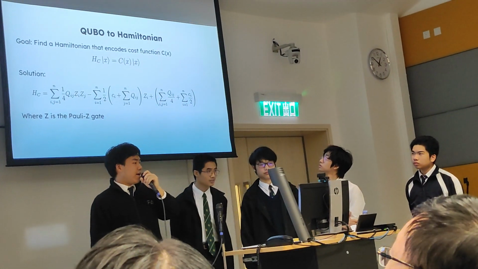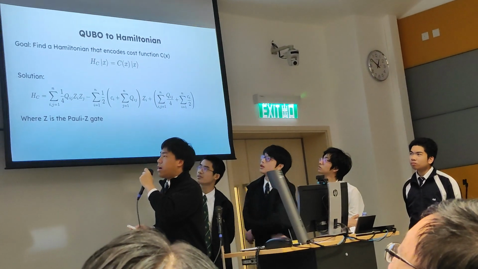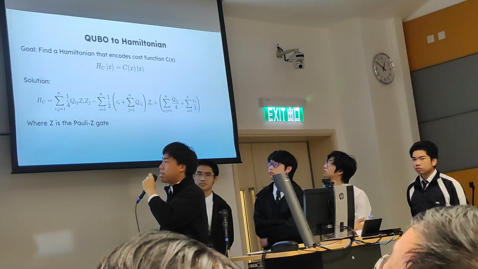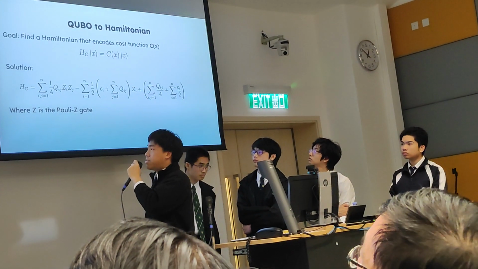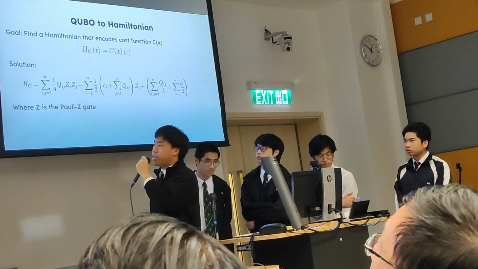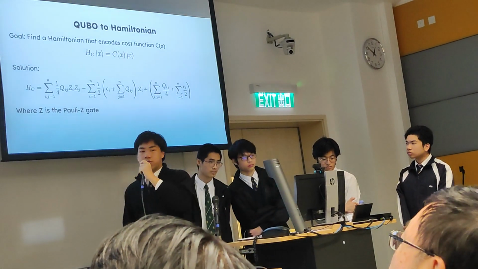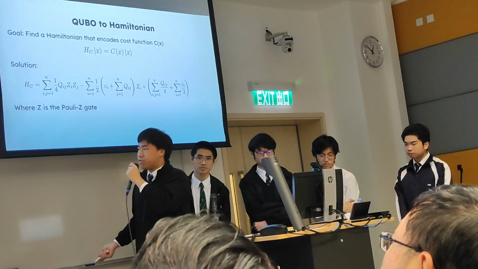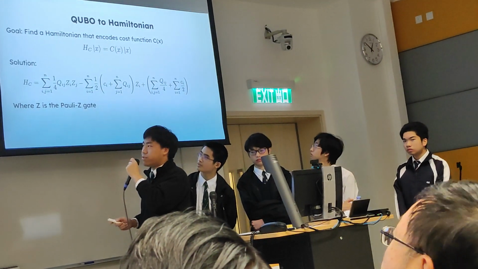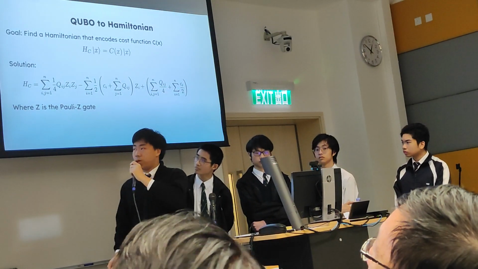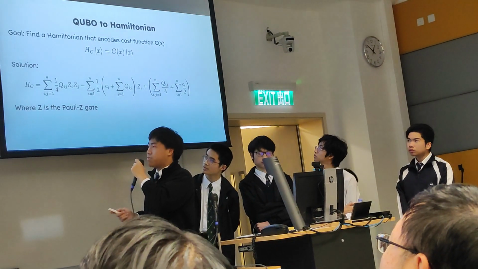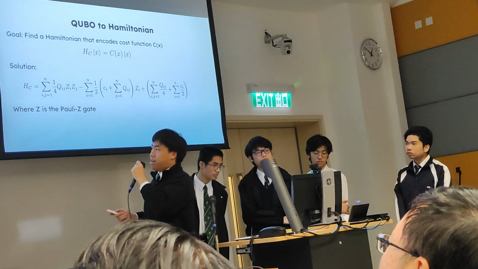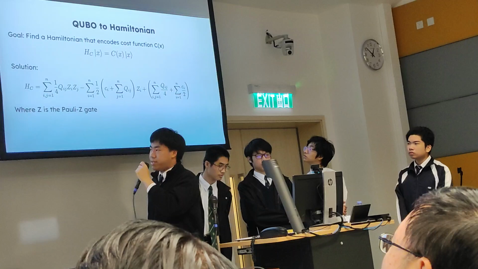And then from the QUBO, we want to find a Hamiltonian that encodes the cost function C of x, so that if we find such a Hamiltonian, then we can find the ground state of the Hamiltonian, and in turn we can solve the problem, because that is where the cost function is maximized, or in this case, because it's a QUBO, it's a minimization problem.